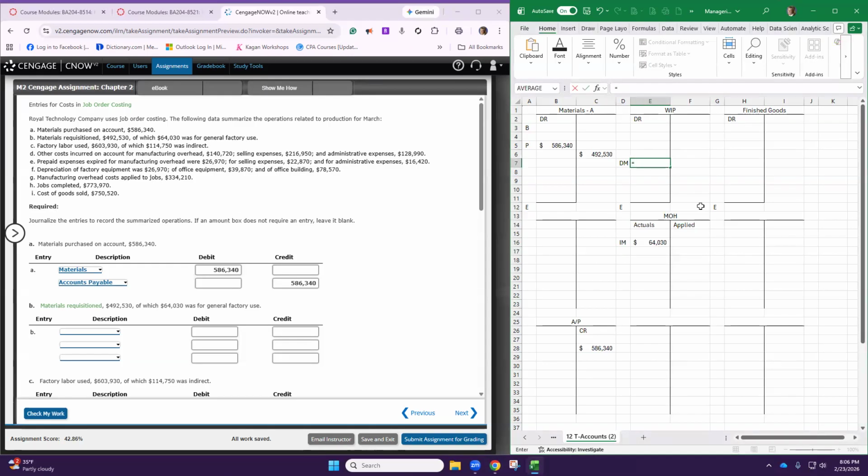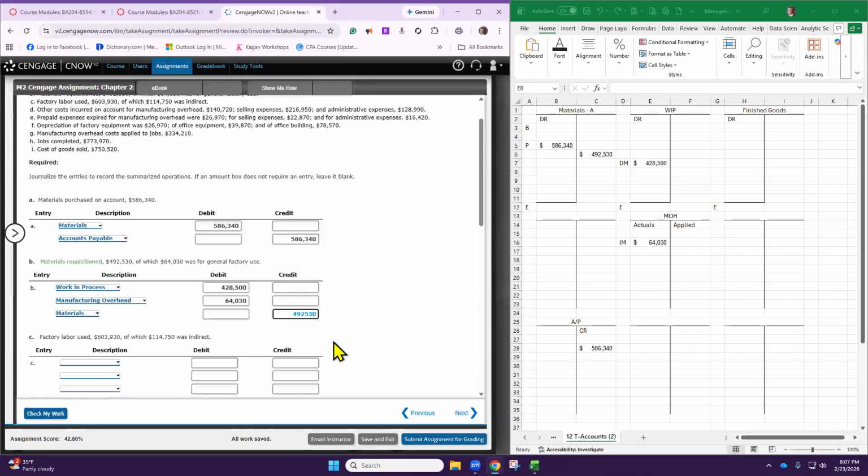So you take the total materials minus the indirect materials, and you get these. Then we want work in process for the direct materials. We found that 428,500. Then it's going to go in manufacturing overhead for the general, it says general factory use. That's what the wording is. And then all of this is coming out of the materials account.